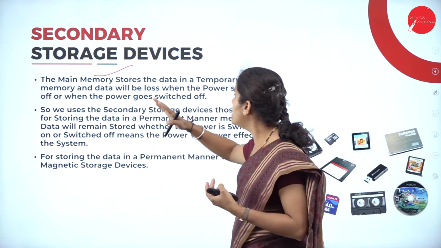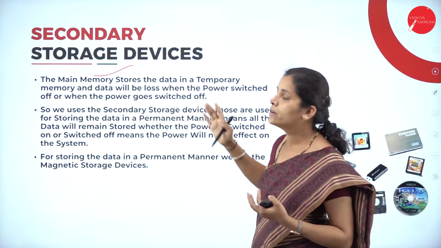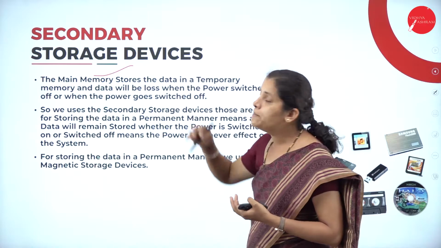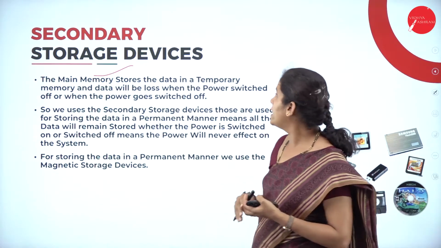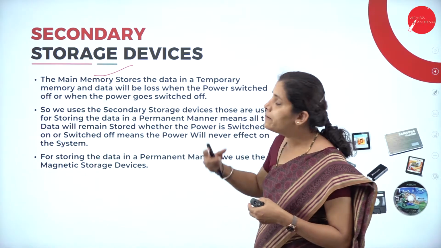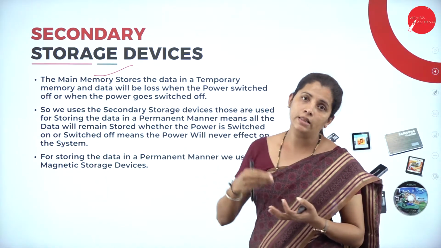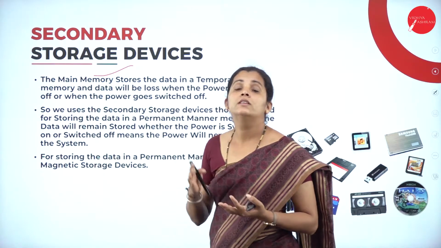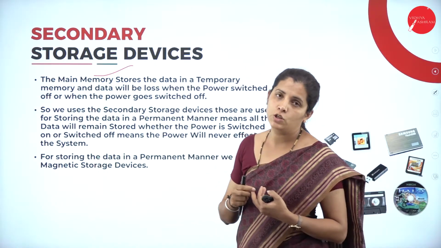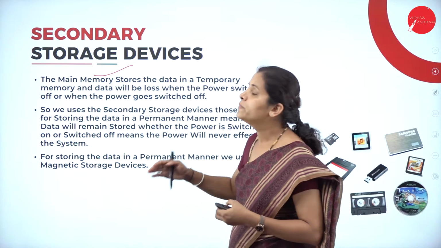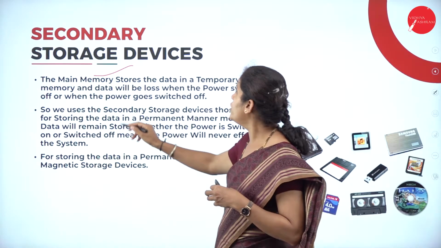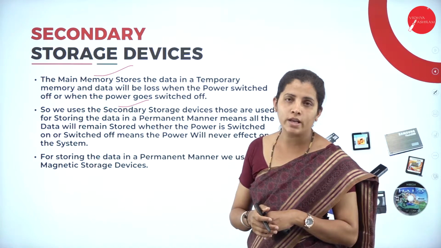Whatever data is stored in the temporary memory may get lost when the power switches off. In order to overcome this problem, we are going to use secondary storage device.